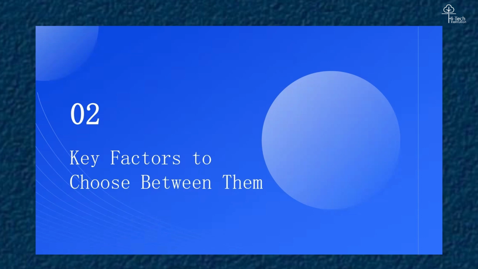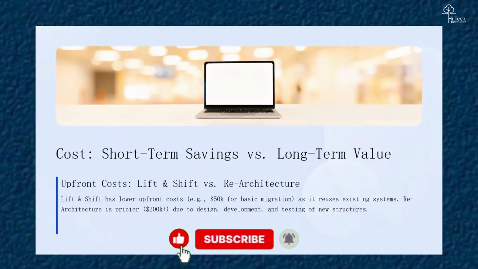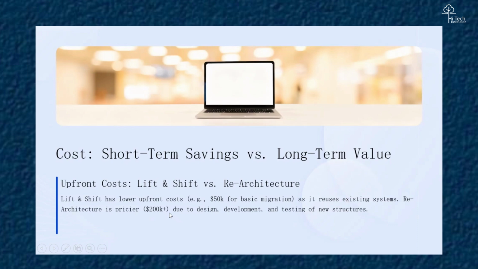Okay, so coming to the key factors to choose between these two. Coming to the cost aspect, this is the upfront cost difference I listed on this slide. You can see the upfront cost you will get in lift and shift, and the re-architecture pricing I also mentioned here.